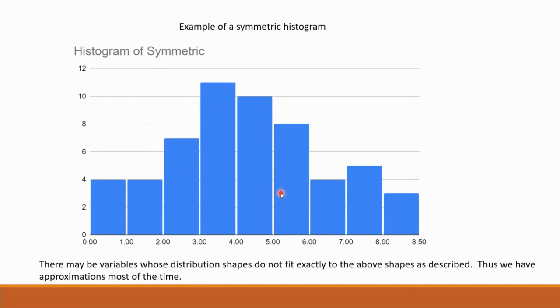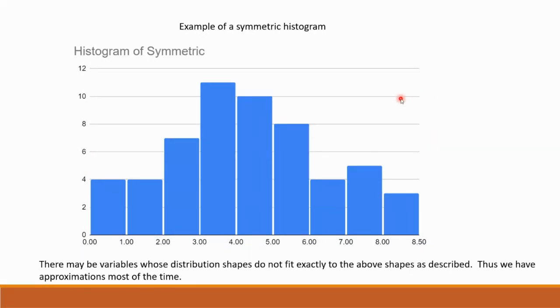So in other words, whatever the variable is in the background that's giving us back these data values, we say the distribution of it is symmetric. So again, the distribution of a variable, you could think of it as the range and the frequency associated with each output. It's what range of values there are, and how often each value appears.